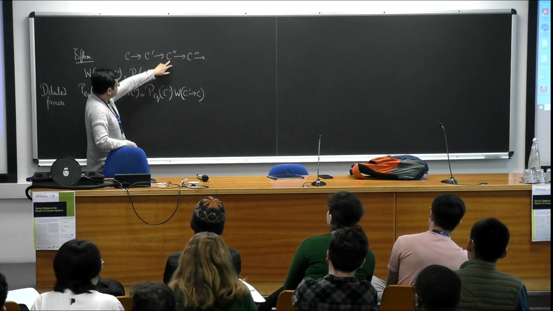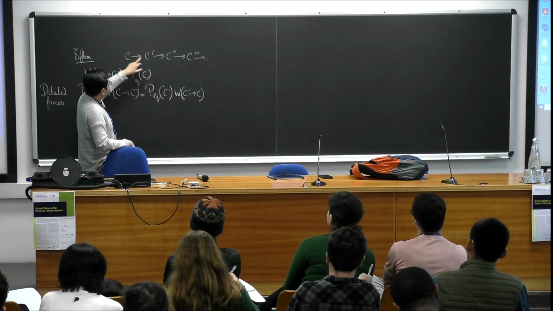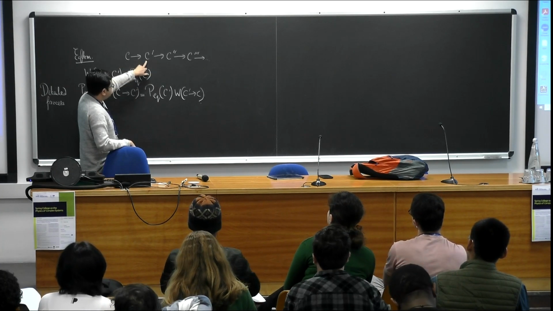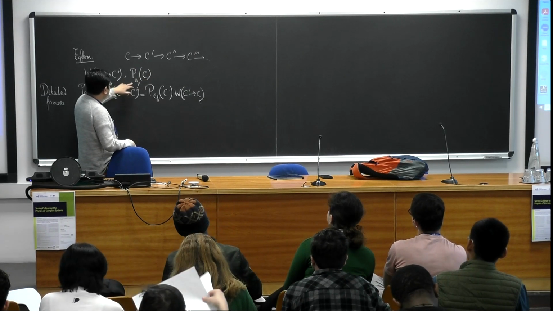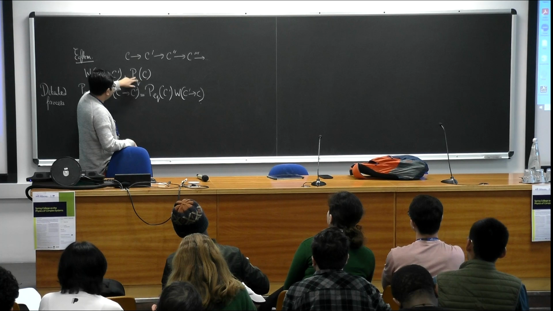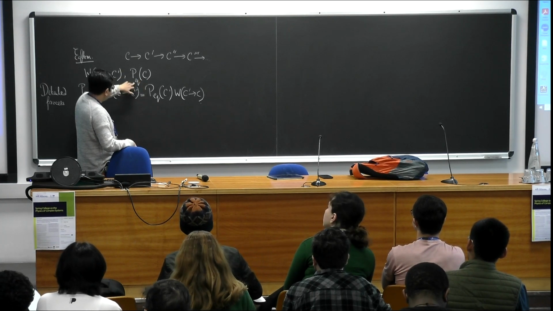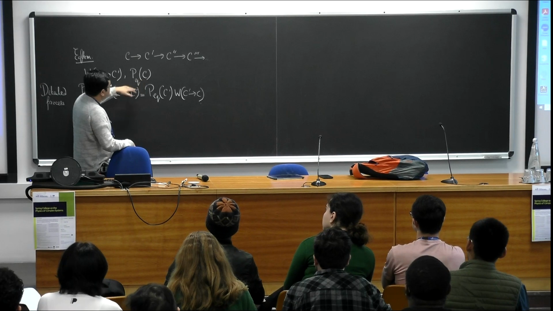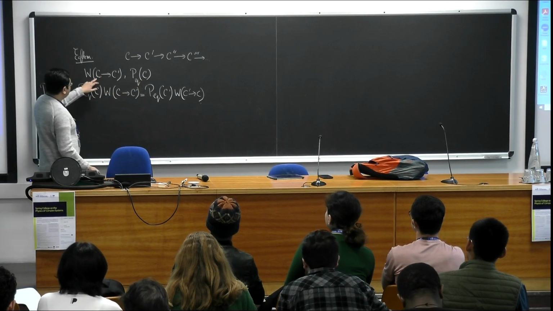So suppose you want the probability that you are at C double prime. It just depends on C prime. It doesn't depend on how you got to C prime in the first place. So these processes are characterized by these two quantities. This is the probability of finding configuration C in equilibrium. It could be a stationary state also, and this is the probability per unit time to go from C to C prime.